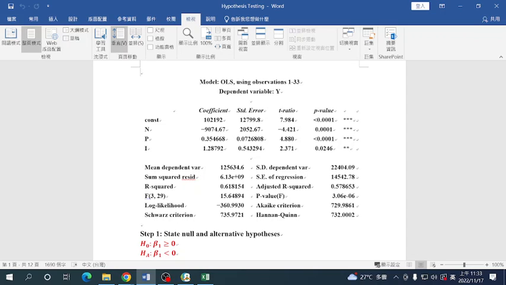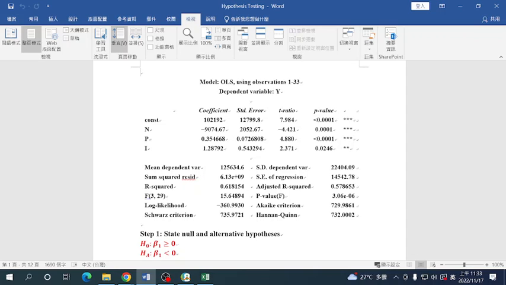For F with 3 and 29, the test statistic is 15.6489 something. So what does that mean?